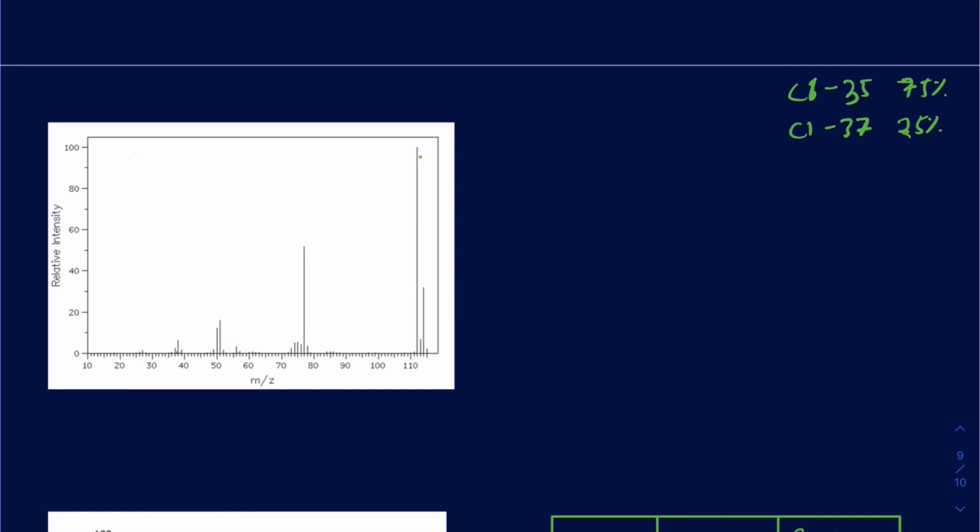So if you see your M plus peak and M+2 peak, the M+2 peak is actually 3 times shorter. That's because chlorine 35 is 3 times more abundant than chlorine 37.